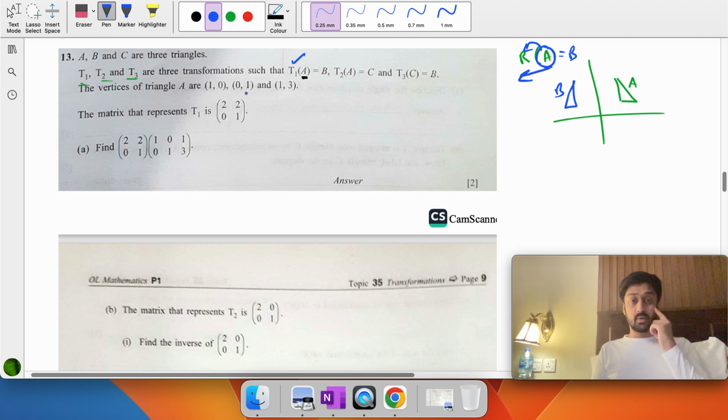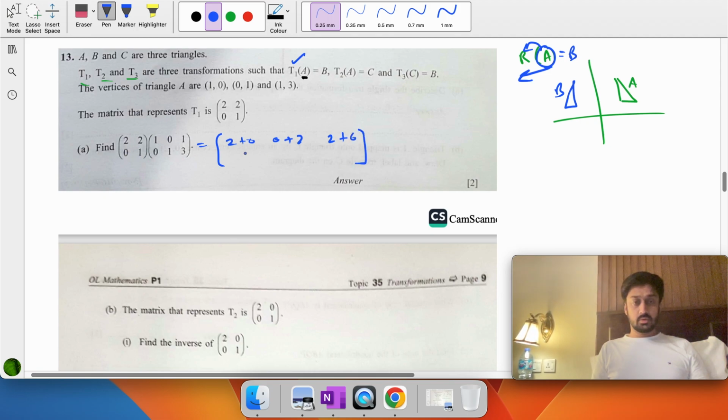A is 1, 0, 0, 1, 1, 3. So you see 1, 0, 0, 1, 1, 3 in this order. Now this is simple matrix multiplication, row into column. So 2 into 1 is 2 plus 0, then this is 2 plus 6.